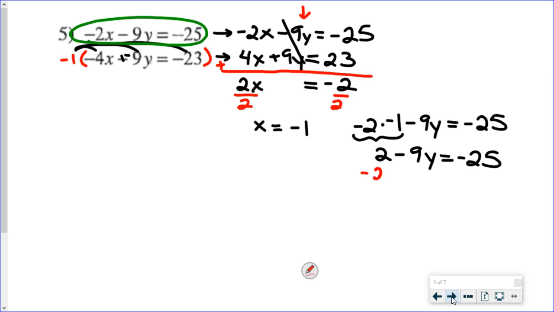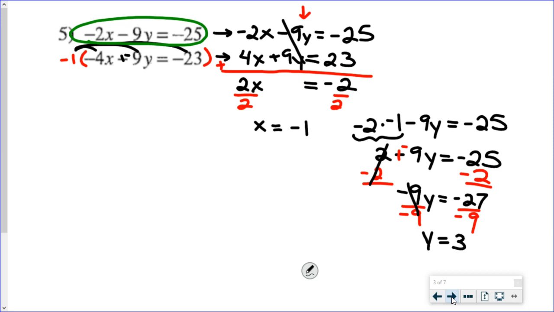Okay, I'm going to minus 2. No, that's really a negative 9. Don't lose it. Negative 9y equals negative 27. I'm going to divide. And if I don't remember what that is, I can use my calculator, but I know that is 3. So my answer is negative 1, positive 3.